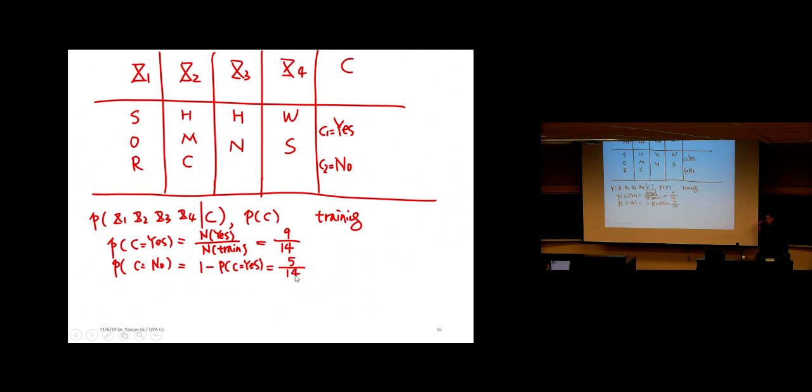All right, so now I have the P(C) part. The second part I need to estimate is this. How many combinations do I need to know for all the possible future data, given C? For all the possible situations, I need 2 cases: one C equals yes, and one C equals no. Let's just give an example.